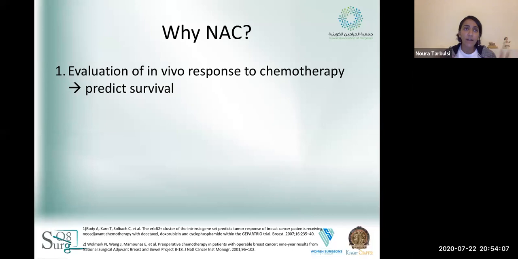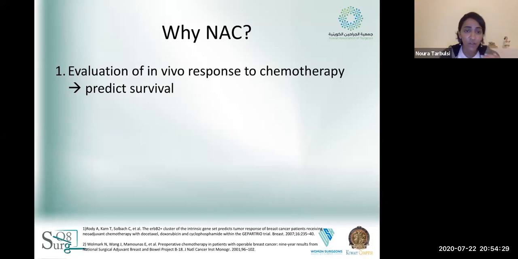However, if I see a locally advanced breast cancer and I jump on it and do surgery, she will take the 8 cycles and we will never know if she was benefiting or not. So having the chance to evaluate the response in the patient is very valuable information. As a matter of fact, it predicts survival.